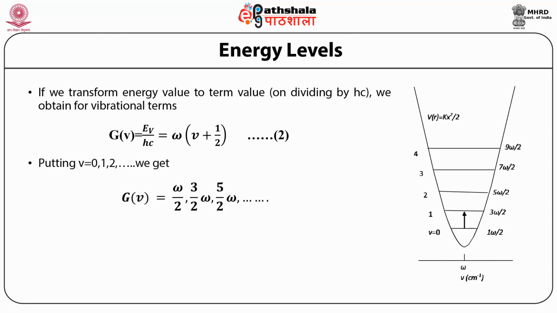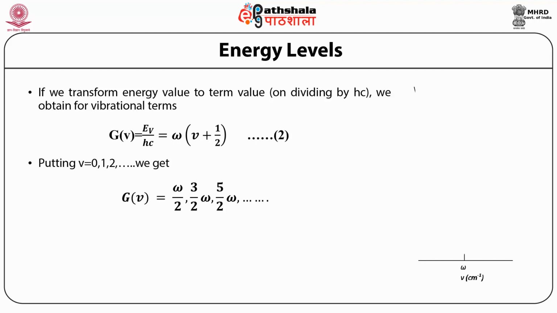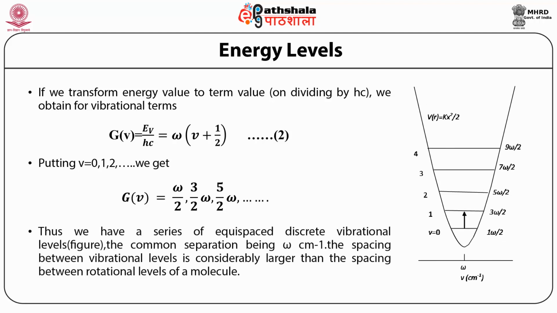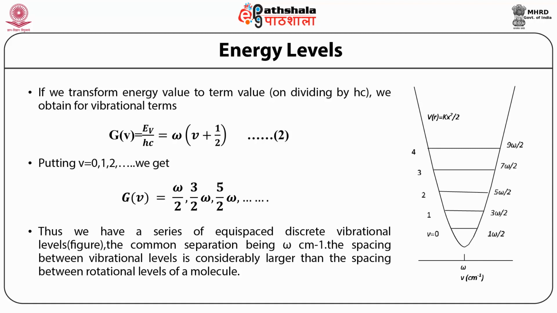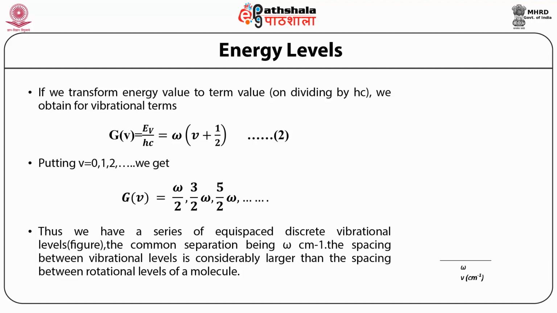So, putting ν = 0, 1, 2 and so on, we get G(ν) = ω/2, 3ω/2, 5ω/2 and so on. Thus, we have a series of equispaced discrete vibrational levels, as shown in the figure, the common separation being ω cm⁻¹. The spacing between vibrational levels is considerably larger than the spacing between rotational levels of a molecule.